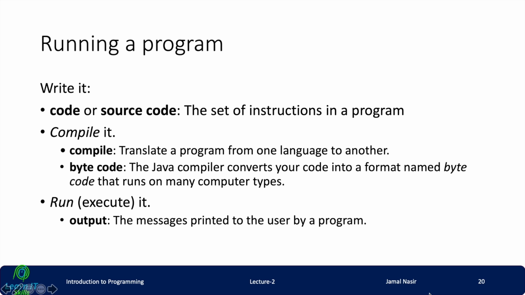It is a set of instructions. Then we have to compile it. What happens is that the JDK compiler will translate the program from human language into bytecode. Okay, so the Java compiler converts your code into a format named bytecode that runs on many computer types.